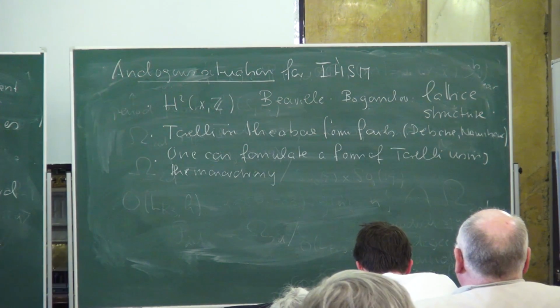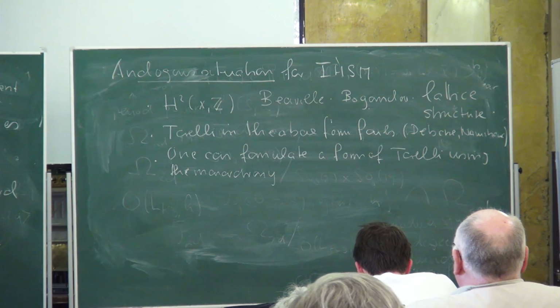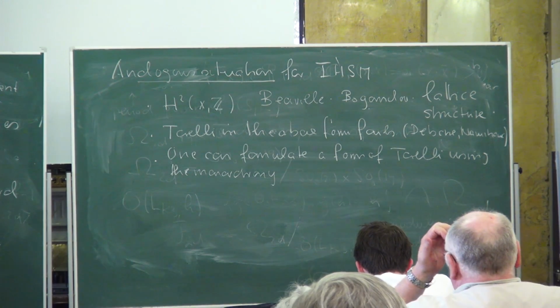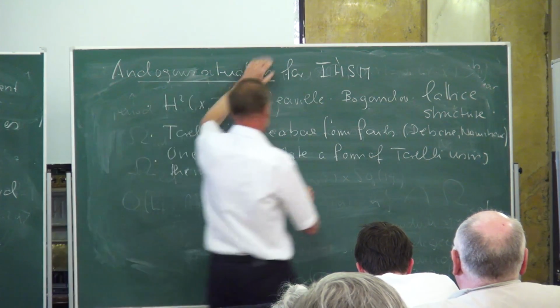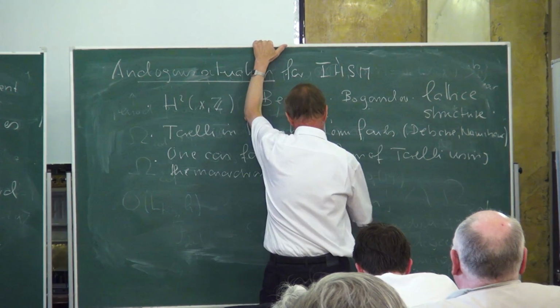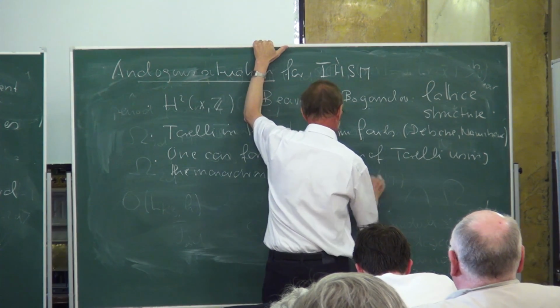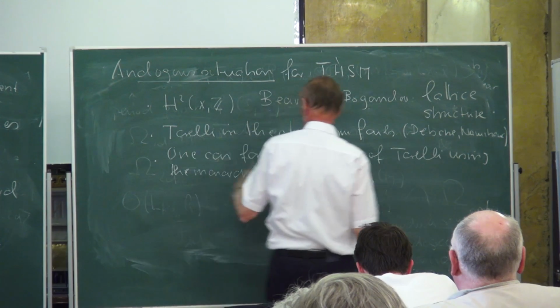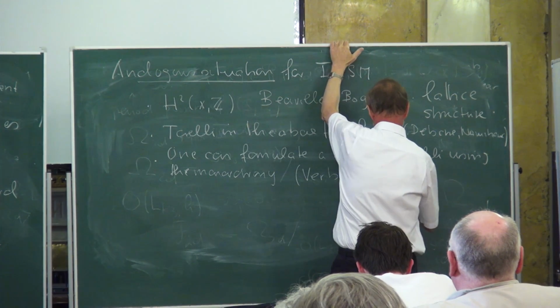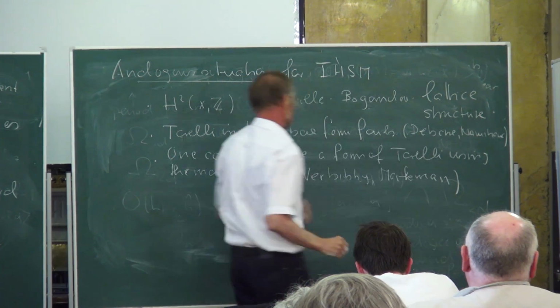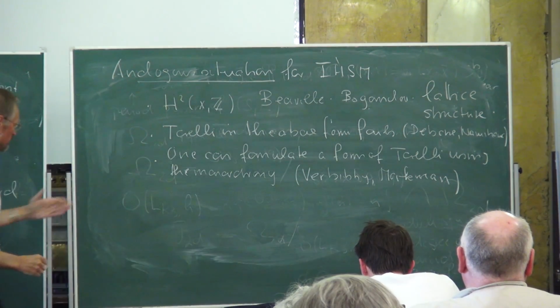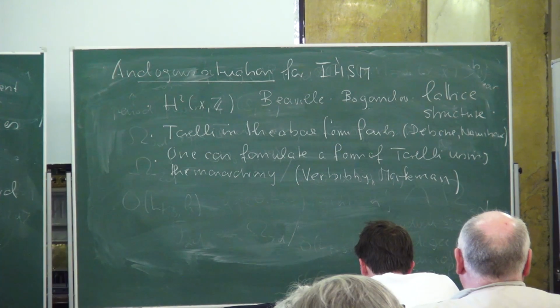I look at how the monodromy acts on my H2, and that generates a big group, which is called the monodromy group. And you can use that monodromy group to produce a Torelli theorem. So this was proved by Verbitsky, and the monodromy groups were very much investigated by Markman, so I also would like to put Markman's name here, but the proof of Torelli is Verbitsky.